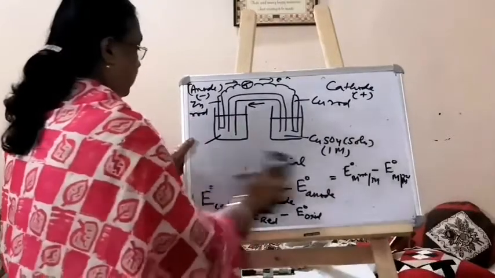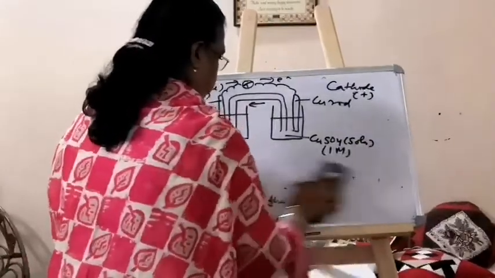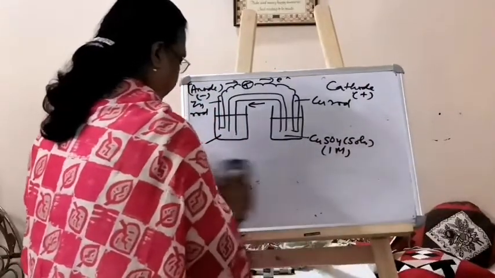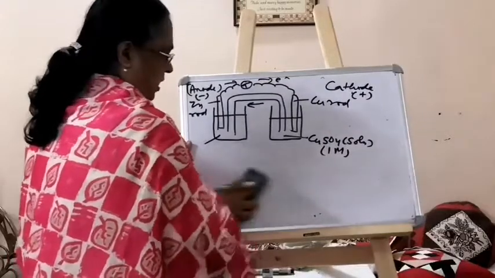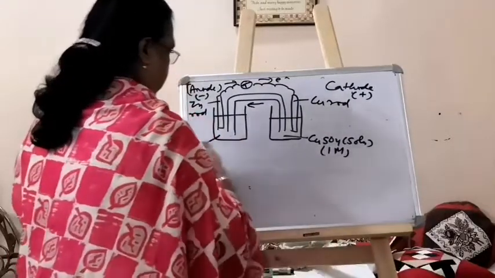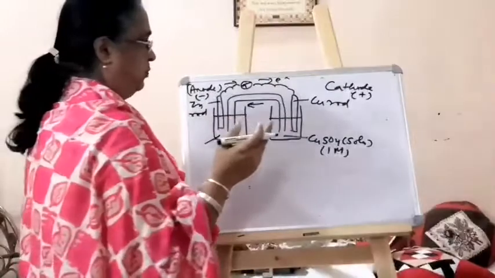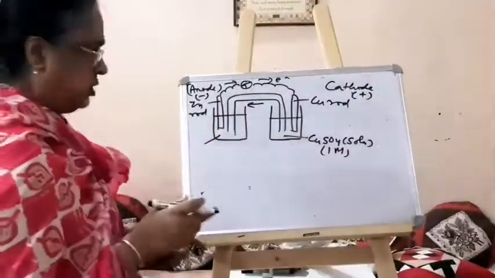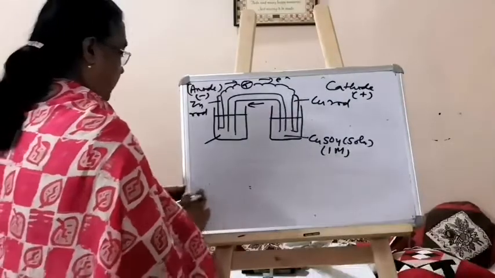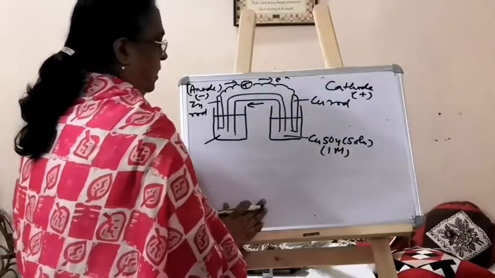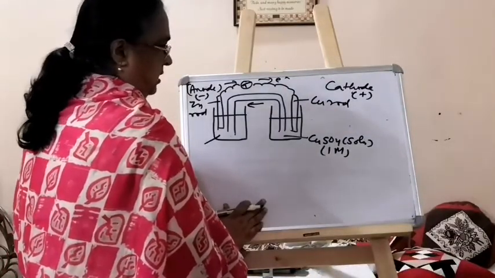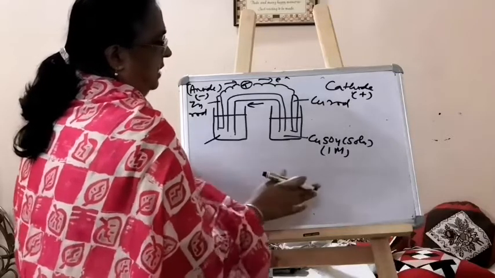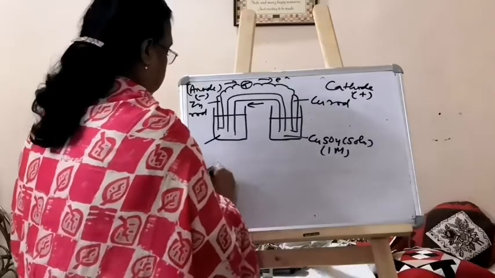Now another important thing. Practically, as you have seen, there are two kinds of electrode potential: oxidation electrode potential and reduction electrode potential. But mainly reduction potentials are meant whenever it is said standard electrode potential.